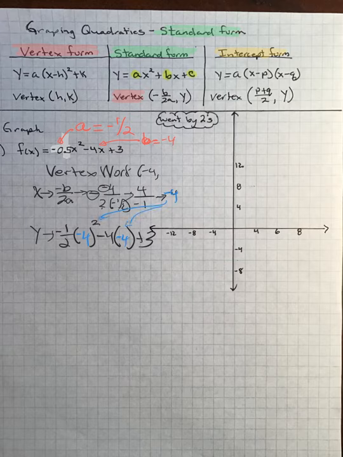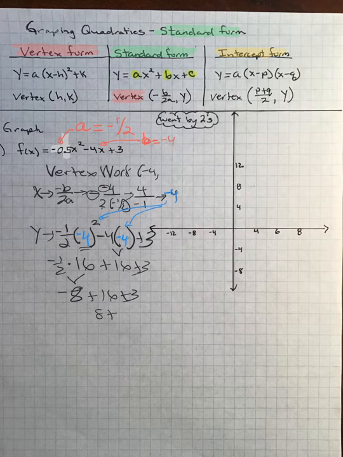Then we do order of operations. PEMDAS says exponents first, so -4 times -4 is 16. Then I have to multiply that by -1/2. And then -4 times -4 is +16 here, and half of that is going to be -8. And then 8 plus 3 is 11. So our vertex is -4, 11.